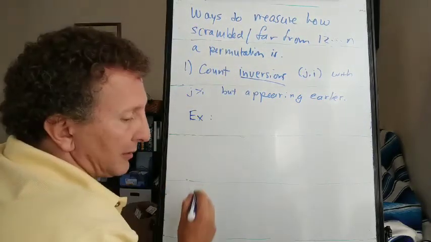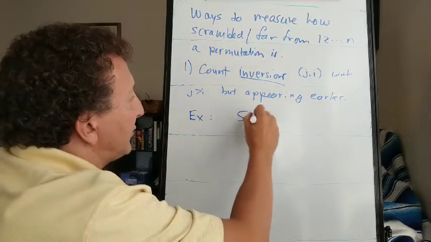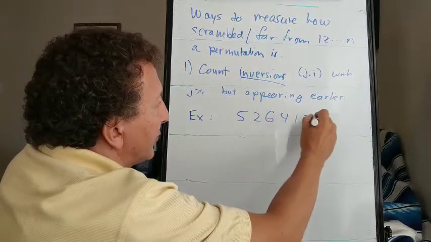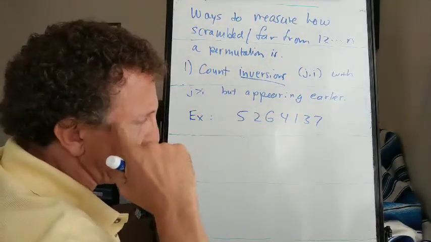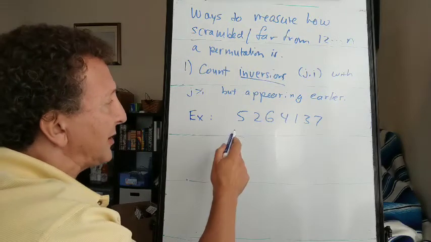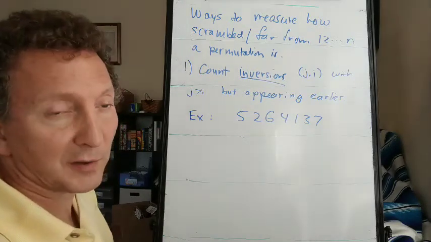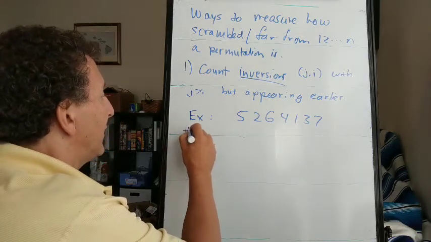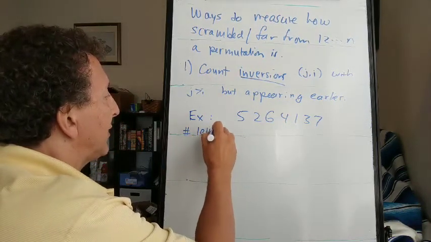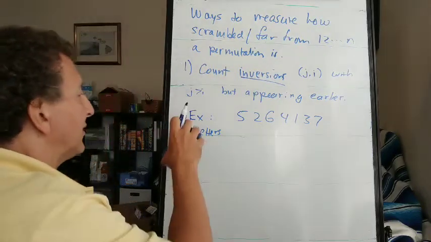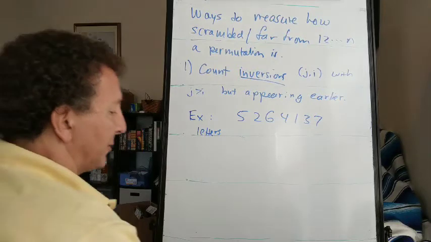So for example, let's look at the permutation 5, 2, 6, 4, 1, 3, 7. To count inversions, we could look at each letter and say how many things to the right of it are smaller than it. Well, let's just list the letters that are to the right and smaller and then count them.